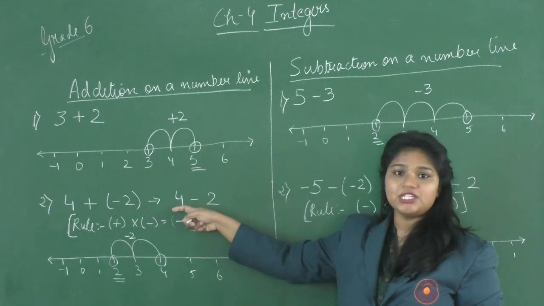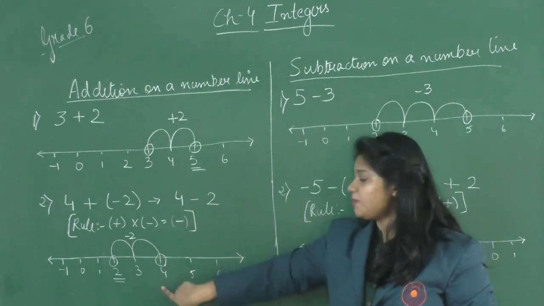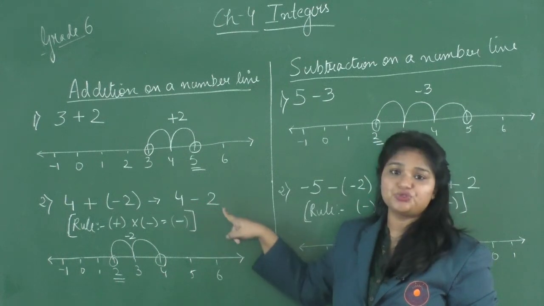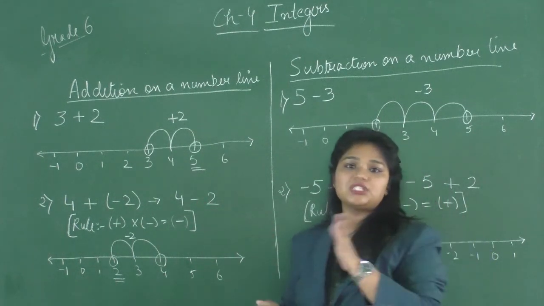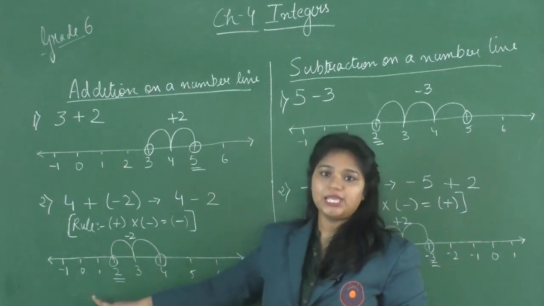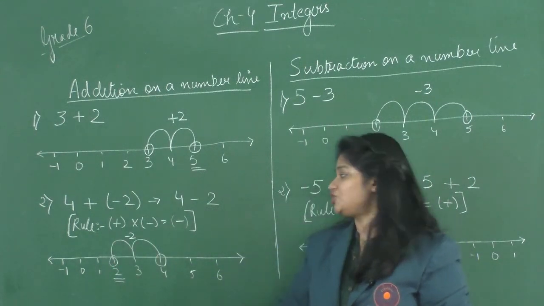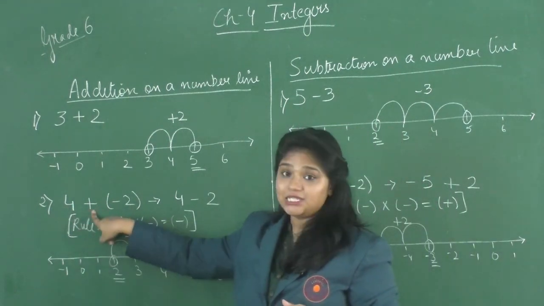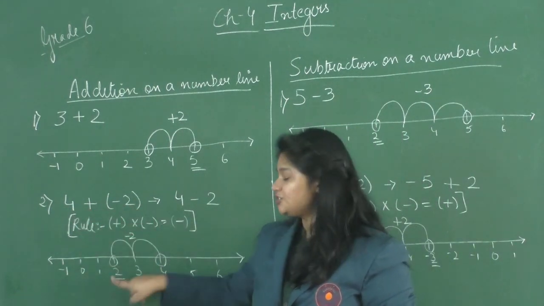So 4 is your minuend. So you will mark 4 on the number line first, and it is -2. That means you will jump 2 steps towards your left. So when we jump 2 steps towards the left, we reach at 2. So the answer for 4 plus -2 is 2.